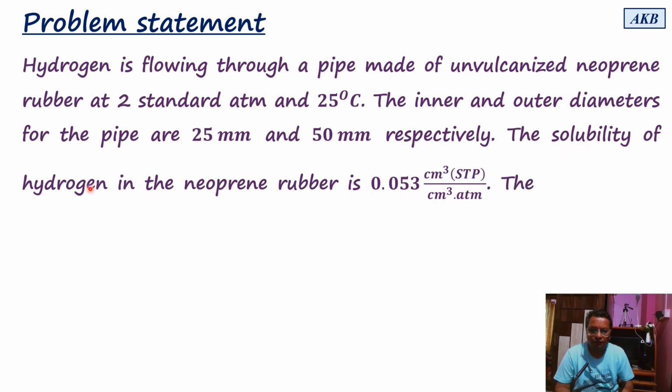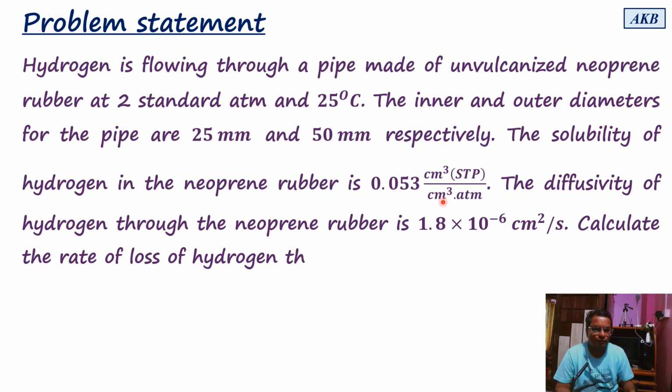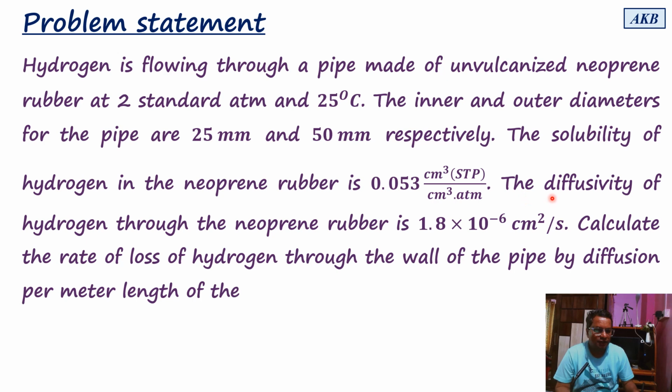The solubility of hydrogen in the neoprene rubber is 0.053 cm³ measured at STP per cm³ of the rubber per atmosphere. The diffusivity of hydrogen through the neoprene rubber is 1.8 × 10^-6 cm² per second. Calculate the rate of loss of hydrogen through the wall of the pipe by diffusion per meter length of the pipe. Okay, so let us understand the statement.